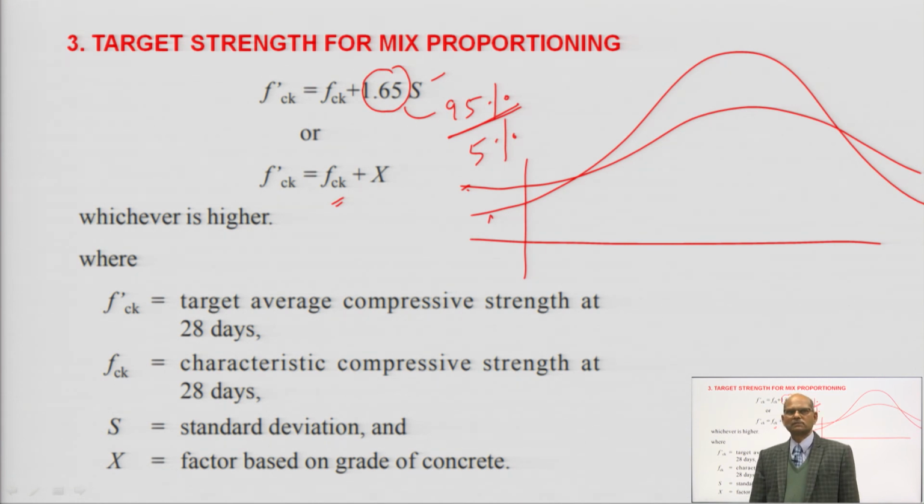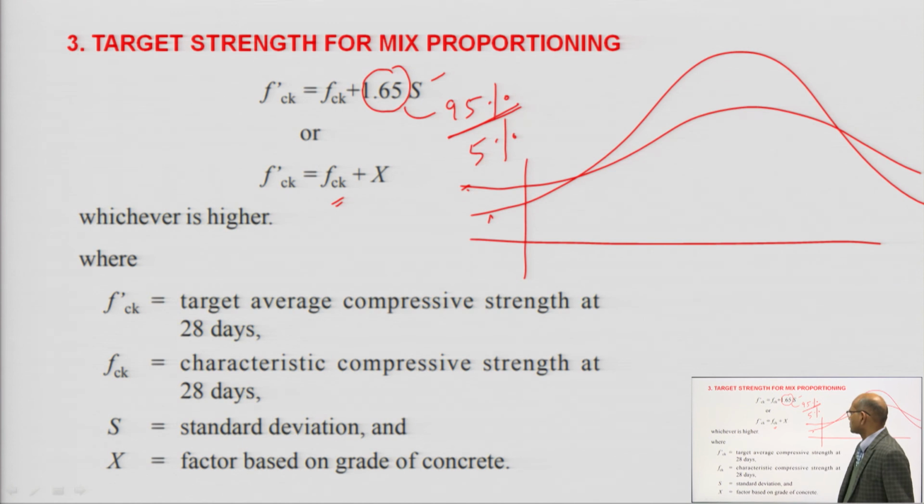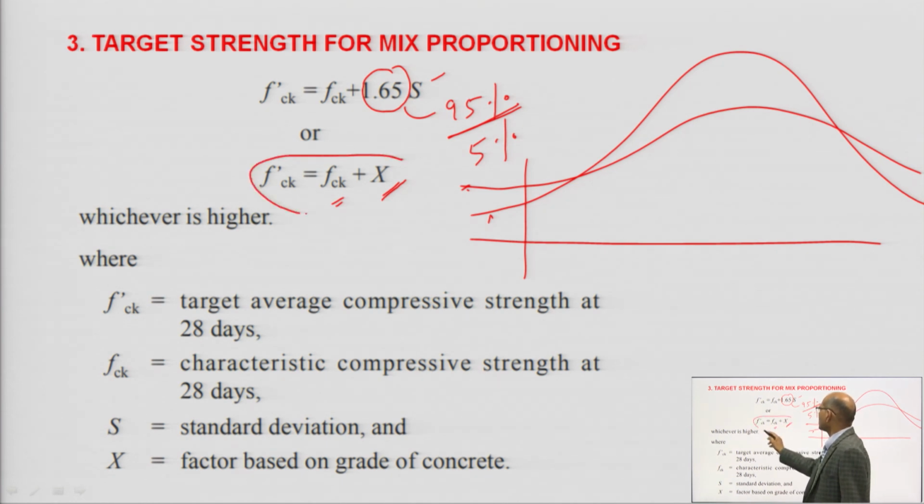Once you want to establish the standard deviation, we must get about 30 cubes of size 150 by 150 by 150 tested at different lots, and the minimum value of x you have to consider. This is the new addition with respect to the 2009 code. In the 2009 code, this expression was not there.